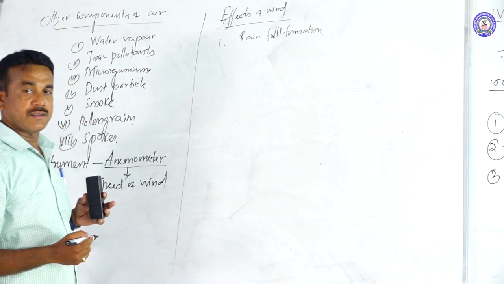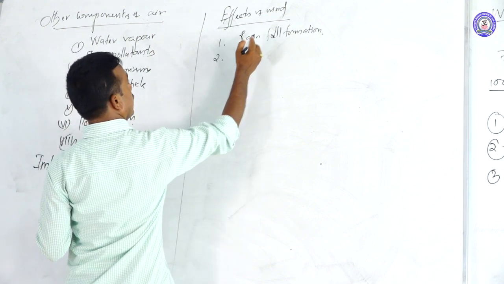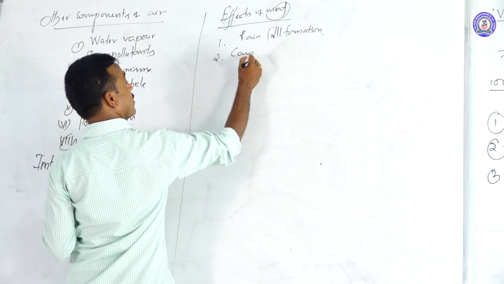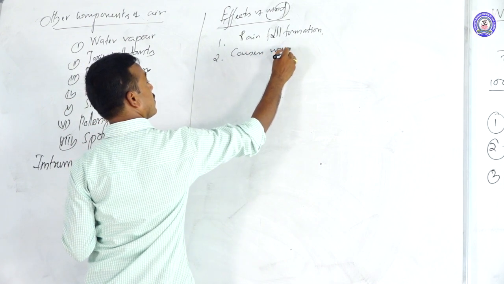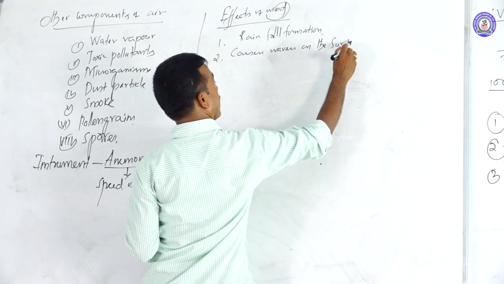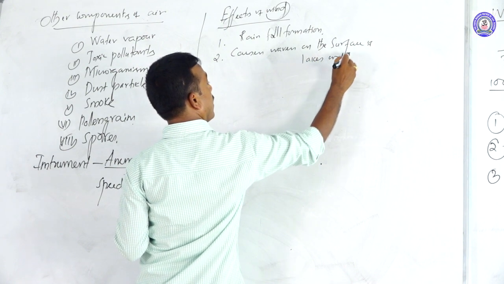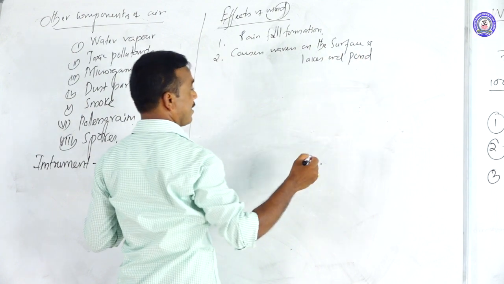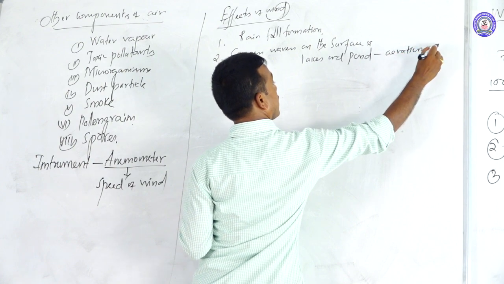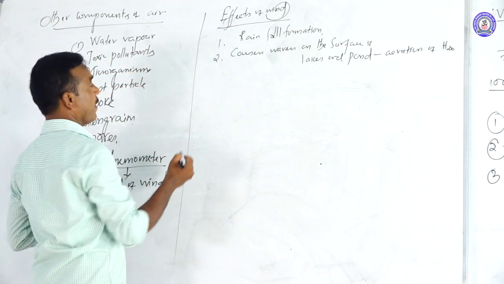That is the first effect. The second one: if wind flow takes place, it causes waves on the surface of lakes and ponds, resulting in aeration of water.